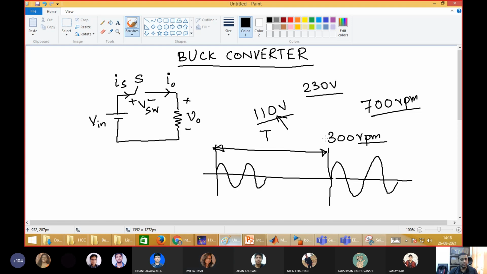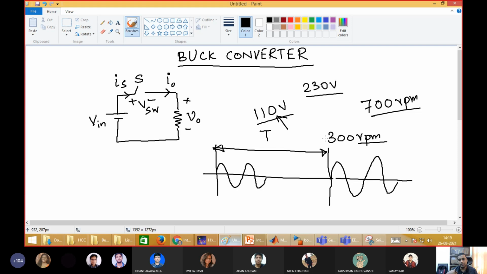If the fan has blades with high inertia, this operation might give some satisfactory result. But if you perform the same thing on a very low inertia fan, then what she is telling is correct. If you switch it on for some time, it will immediately go to that speed, and if you switch it off, it will immediately come down.